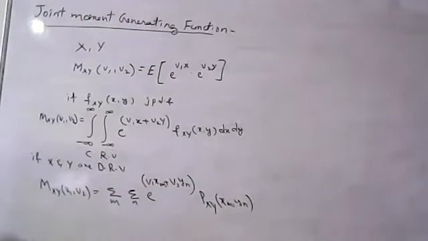This is the formula we use to find the joint moment generating function in the case of discrete random variables.